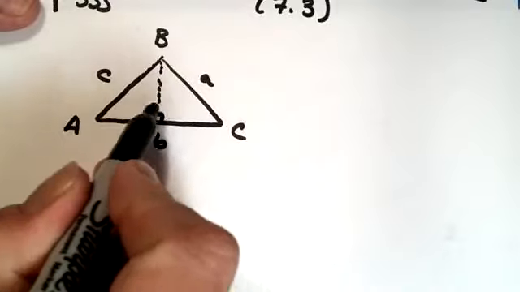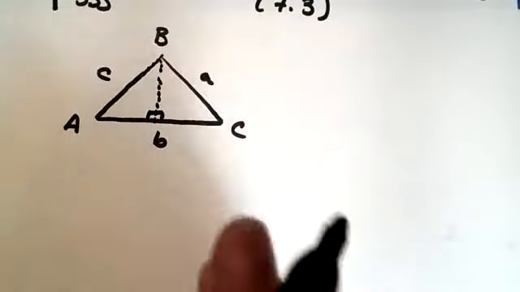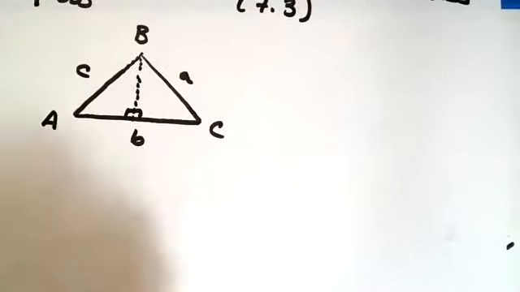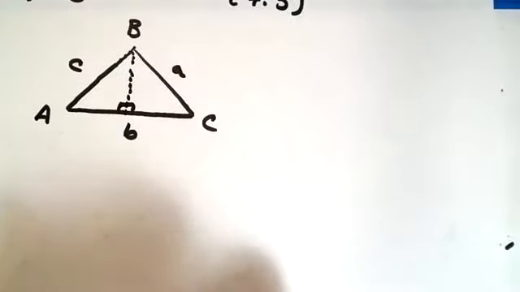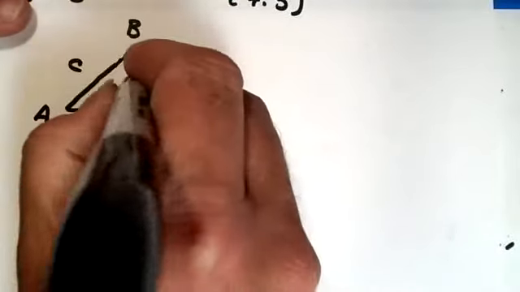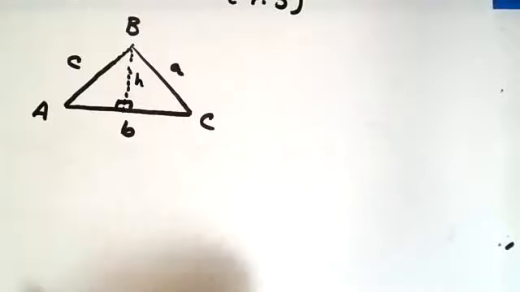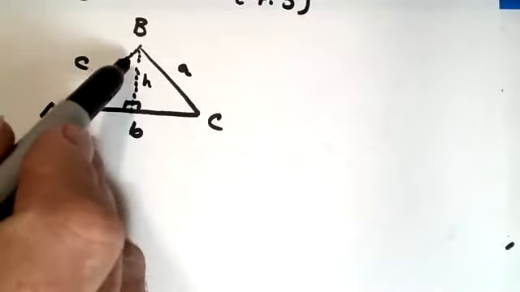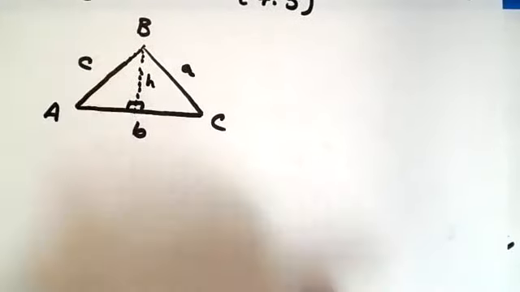Now you have two right triangles, and then this area plus that area equals the same, and you end up with exactly the same result. It's not a very challenging proof, but regardless, let's put that h in there. Now that generally is called the altitude of a triangle, the height of a triangle.